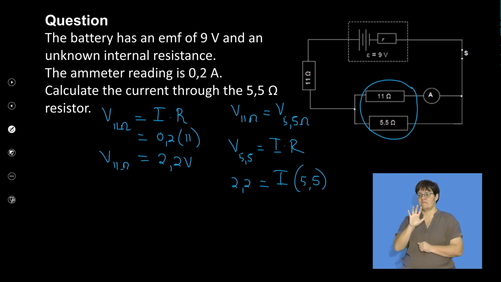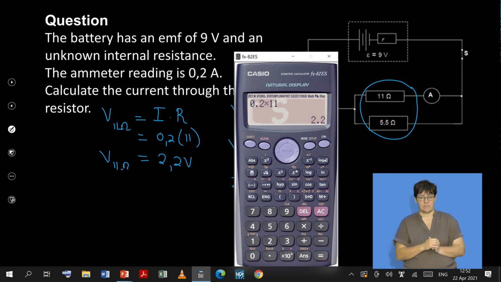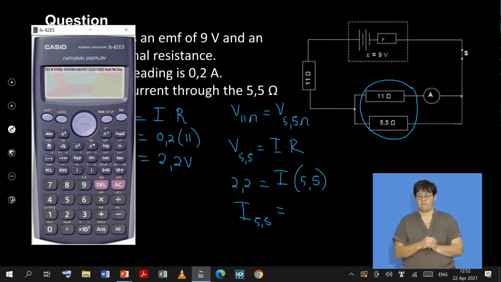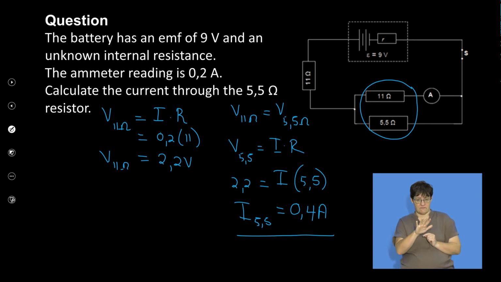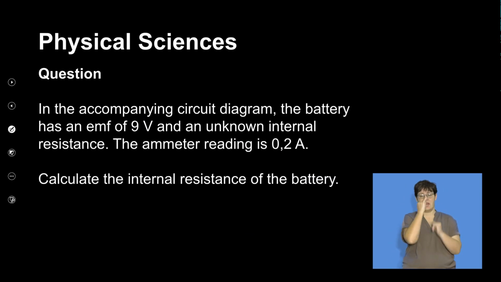So the current is 2.2 divided by 5.5, which gives us 0.4. So the current is 0.4 amperes. You'll realize that the current that goes through the 5.5 is double the current that goes through the 11 ohms. Very, very important.